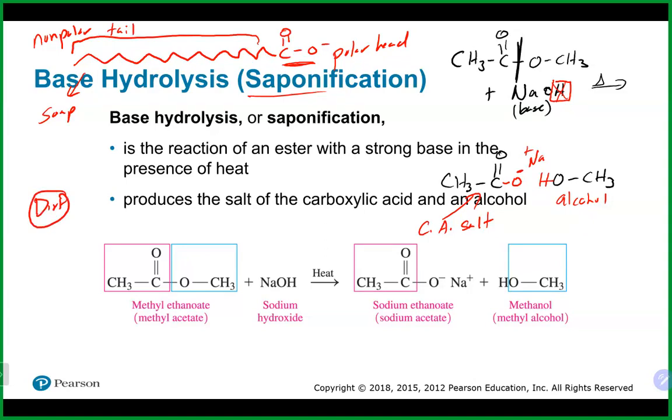So the non-polar part of soap, which is all those carbons and hydrogens, traps the dirt. I'm just going to do my wiggly lines as my carbons, pretend they're carbons. What that will do is leave the polar part of soap on the outside after it traps all that dirt on the inside. And that's really good because typically after you soap up, you wash it off with water, which is polar, right?